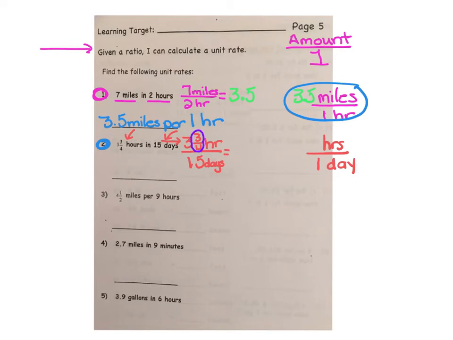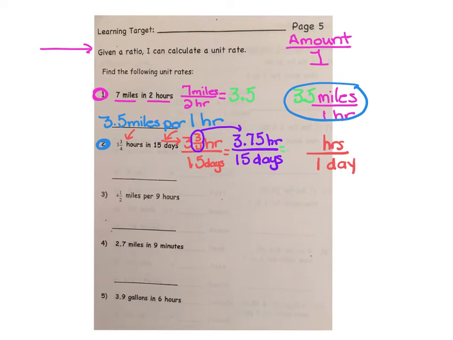It would look like this: 3 point, we know 3/4 is equal to 0.75 hours per, and it's still 15 days. Grab your calculator and punch in 3.75 divided by 15. Pause the video, and when you're ready, turn the video back on.